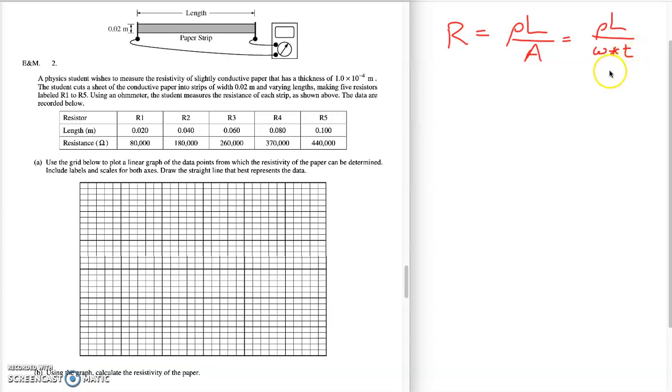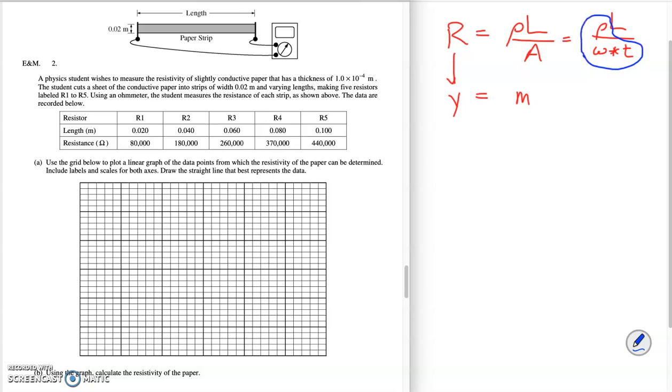So if we want to get the resistivity, and R and L are our variables, that means R is going to be Y, and then our slope will be resistivity over thickness times width, and then length will be our X variable, and they've given us these two things.